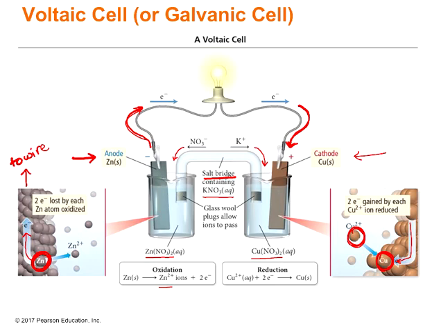So on the left-hand side, you'll notice that zinc is producing zinc 2+ ions. And those zinc 2+ ions need to bond to something. So they're going to bond with those nitrate ions that are coming from this so-called salt bridge.